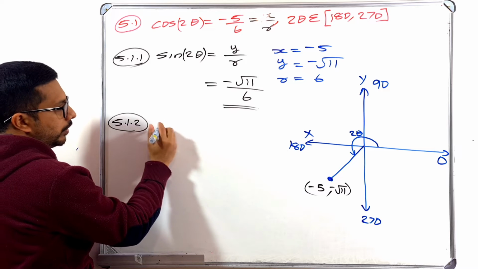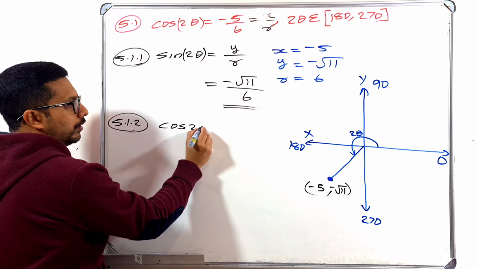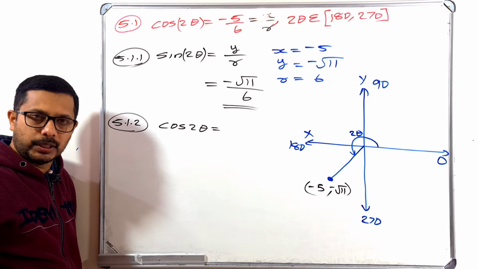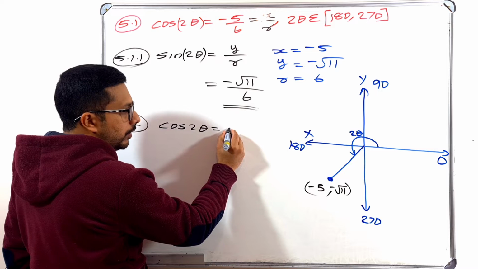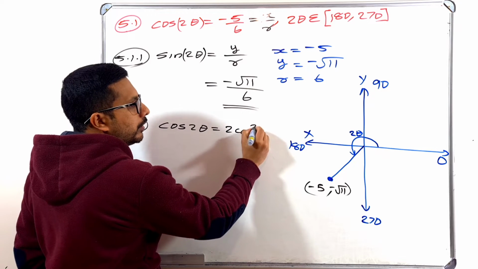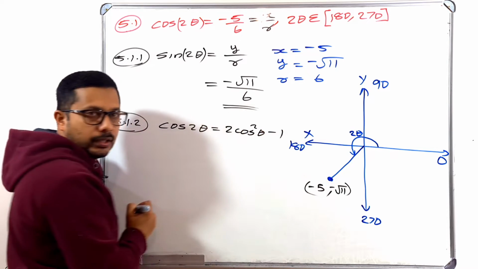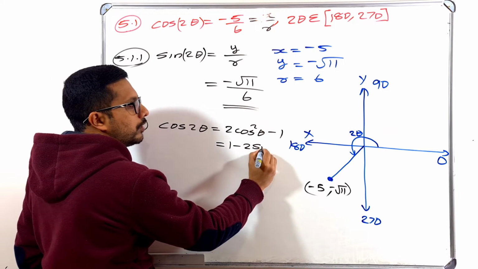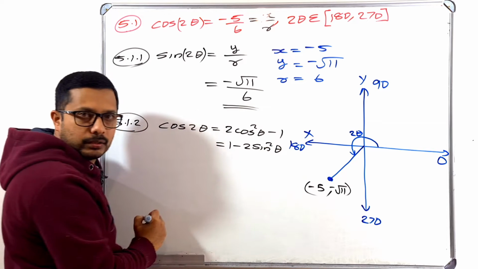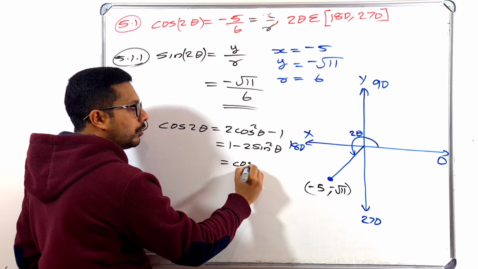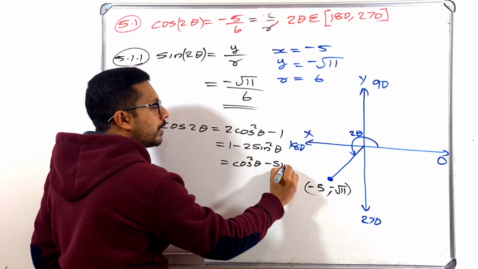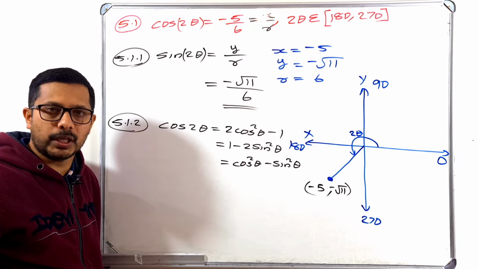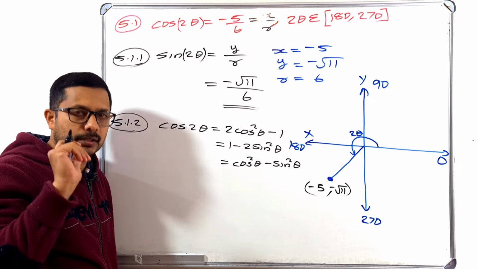We have to find sine theta. So what are the expansions for cos 2 theta? Double angle formula. One formula is 2 cos squared theta minus 1, the second formula is 1 minus 2 sine square theta, and the third formula is cos squared theta minus sine square theta. These formulas are there in your question paper, not the formula sheet, but my recommendation is you learn them by heart.